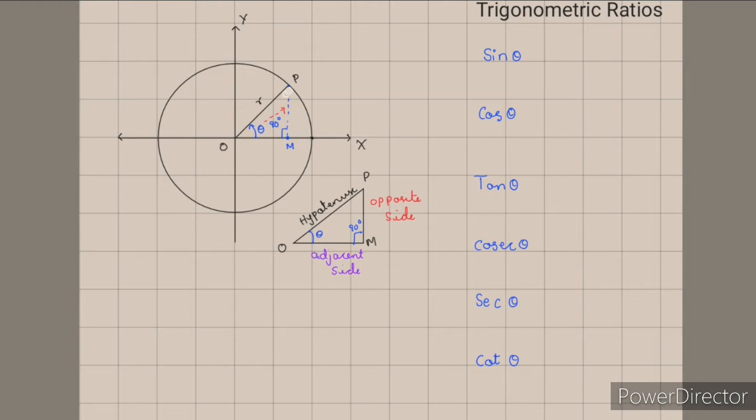If you see, this PM is nothing but, let's say if you draw a perpendicular from P to the y-axis, and this is N, then PM is nothing but ON. What is ON? ON is nothing but the y coordinate of P. Similarly, OM, which is the adjacent side, equals PN, which is this red line. So the adjacent side is this red line and the opposite side is this blue line, which is PM.